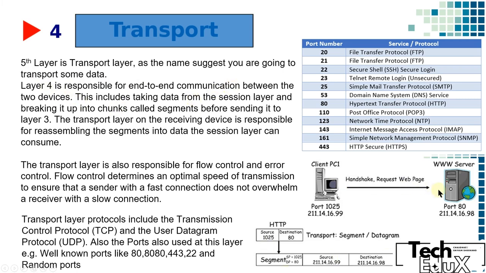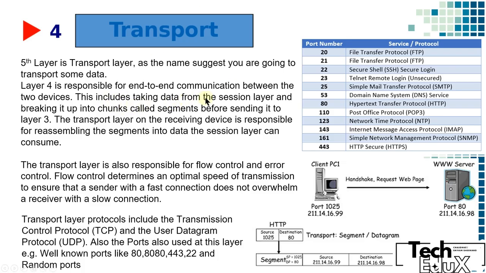As you can see, this is end-to-end communication. So our final piece of information being transmitted or received happens at the transport layer. This includes taking data from the session layer. As you can see, we took the data from the session layer. This is how all layers are dependent on each other. If you are thinking that you can take out one layer from the OSI model, this is not possible.